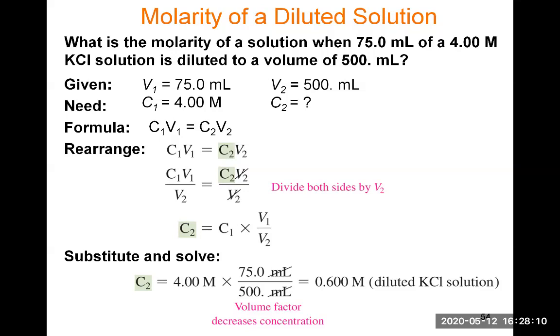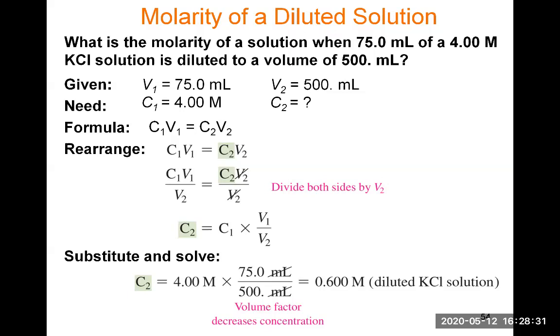0.6 is only one sig fig, but you need to give more than that because all given numbers here have 3 sig figs. So we need to keep 3 sig figs, and that means after the 6, we will need to bring down 2 zeros to increase the number of sig figs to 3.